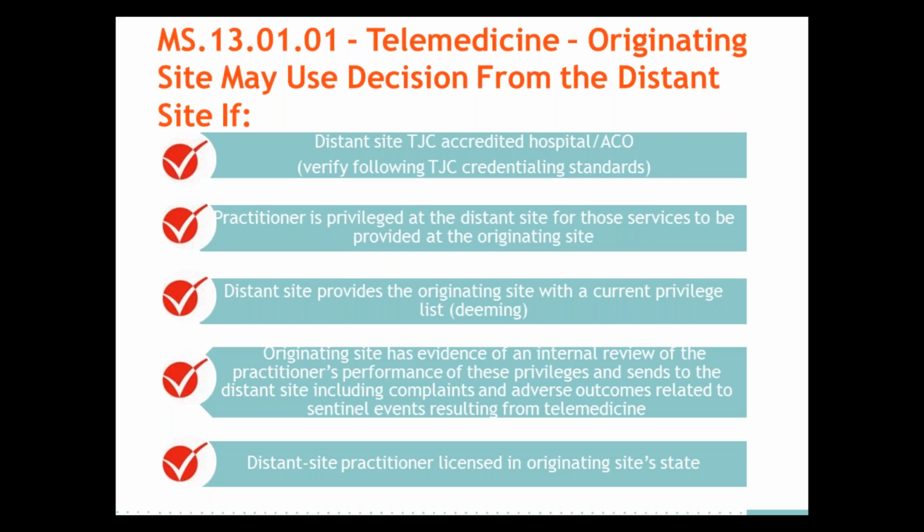That practitioner has to be privileged at that distant site for the things that they want to do at your place, and the distant site has to give you a current privilege list, and that's if you're a Medicare approved hospital, then you have to get that. Now you might have to get the actual privilege form, or you may just get, like I said, a listing that has the person's name and what those privileges are.